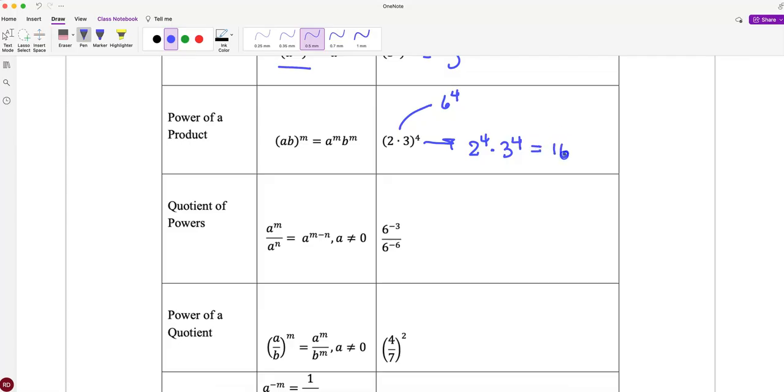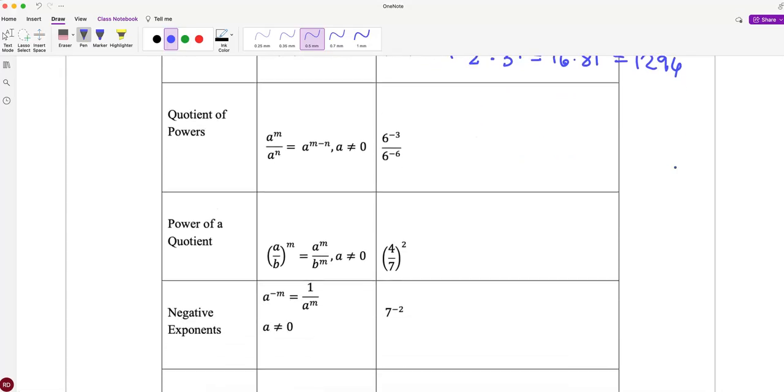This is 16 times 81, which is what? Let me get my calculator. 16 times 81 is 1296. Anytime I have a quotient, I subtract those exponents.